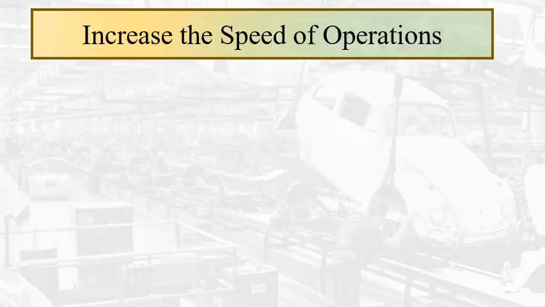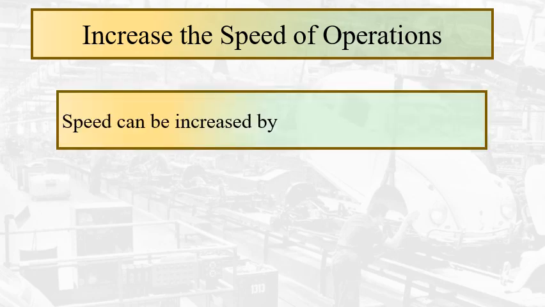Another tool for improving or managing theoretical flow time is increasing the speed of operation. So you just make operations go faster. So if you have a process that takes 1 month to finish, you just increase the resources to speed up operation, and instead of doing it in 1 month, you do it in 2 weeks.